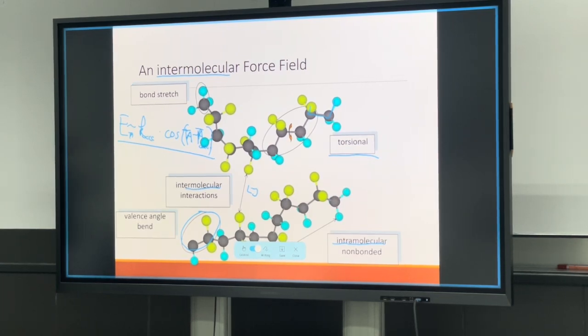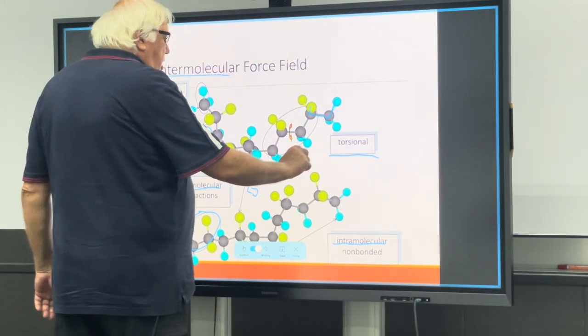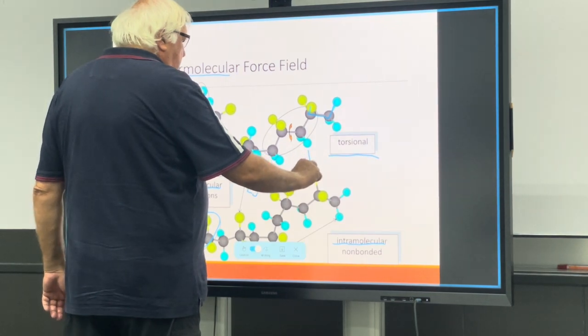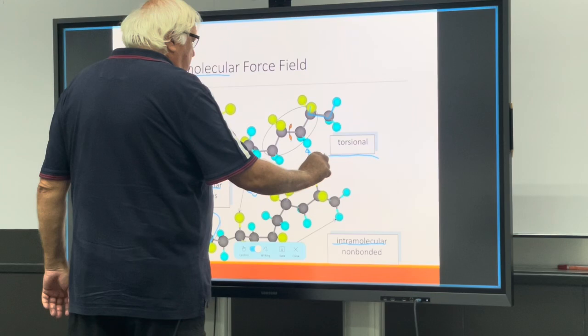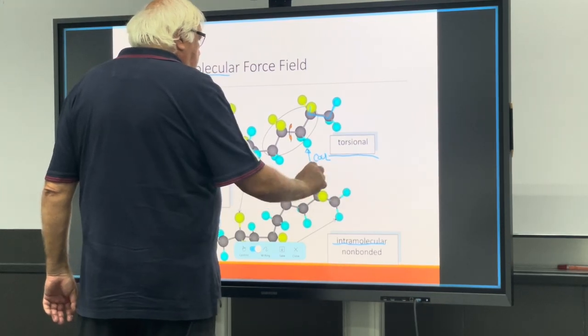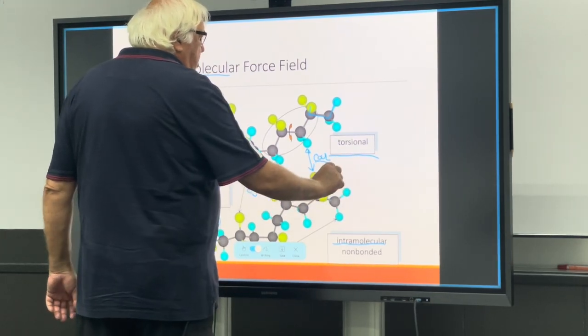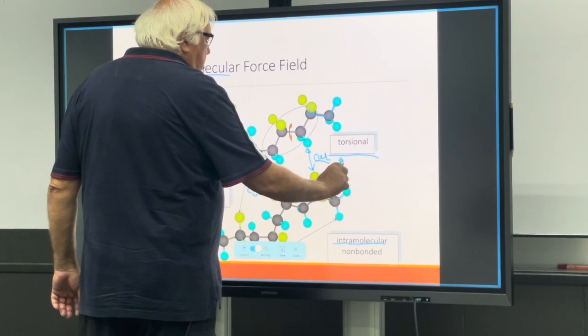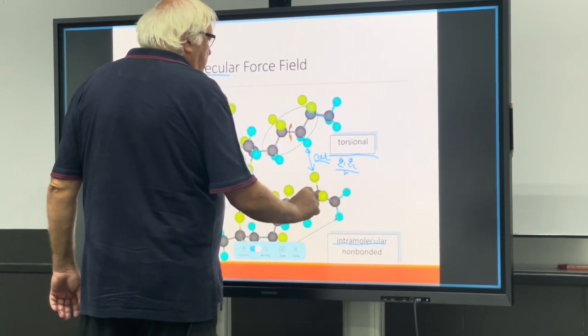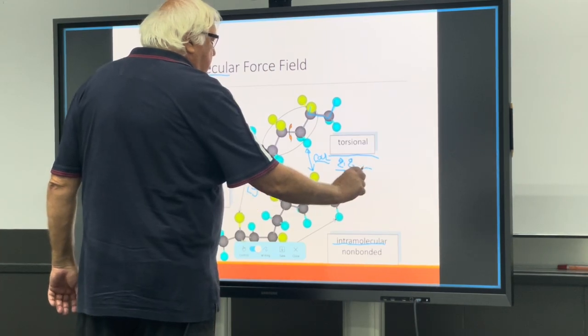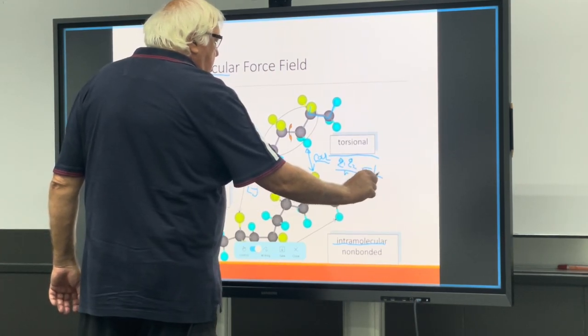And that is the electrostatic interaction. So you have a Coulomb interaction between these two atoms, for example. That is charge 1 times charge 2 divided by R. That is the Coulomb interaction.